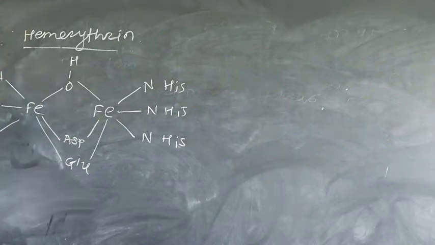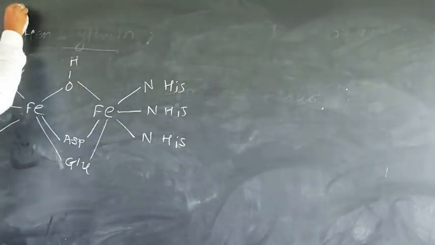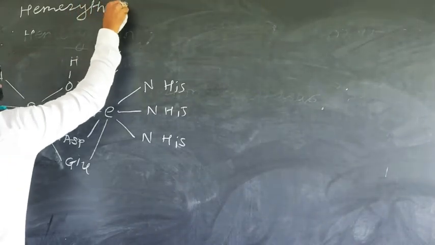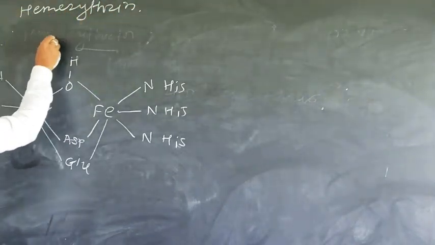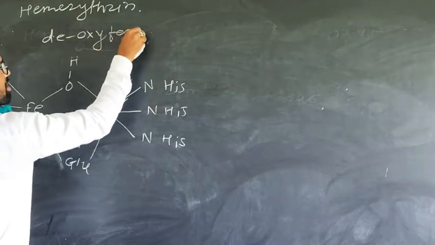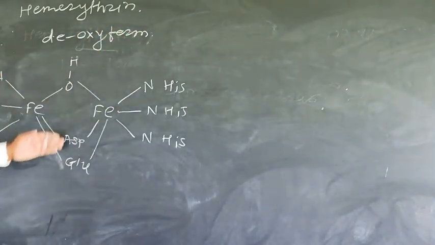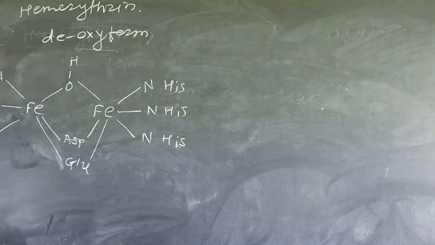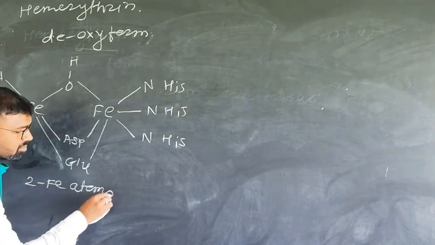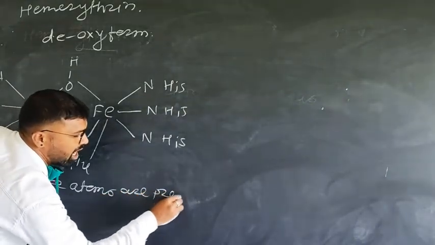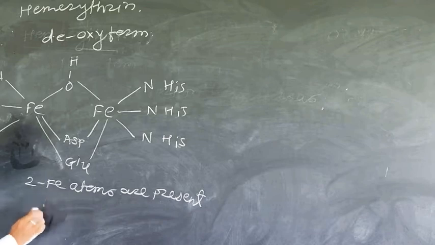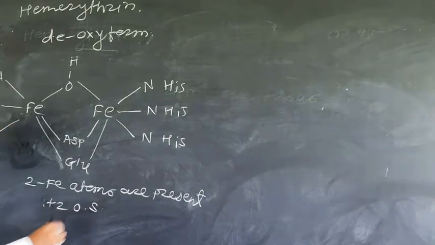Now what are the features? Here, hemerythrin, this is the deoxyform. So what are the important features of hemerythrin in the deoxyform? 2 Fe atoms are present. Both Fe atoms are in +2 oxidation state.